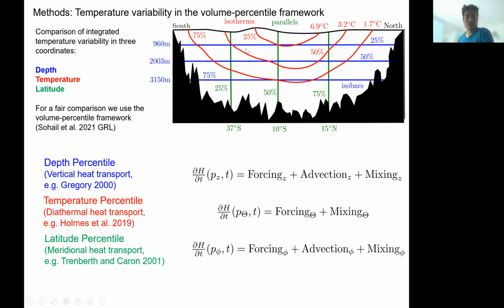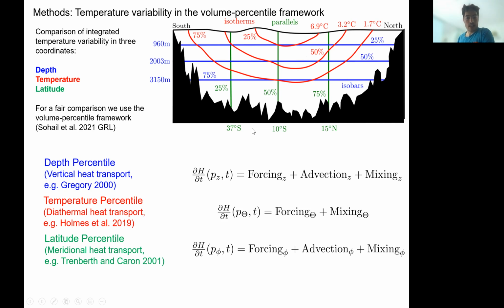For consistency, we're going to do the same thing in depth and latitude. You can see the labels I put on the edge here. These are from the mean state of ACCESS-CM2. So 50% of the ocean volume is above 2003 meters in ACCESS-CM2, and 50% of the volume is above the mean temperature of 3.2 degrees Celsius.